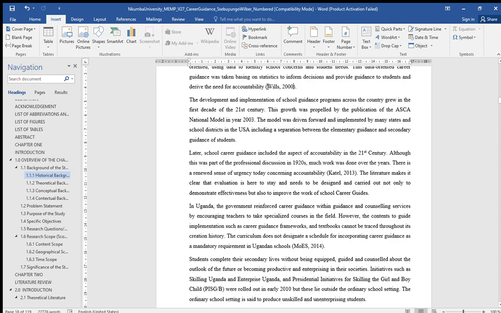So in a citation, when we are talking about literature review, one day I'm going to prepare a lecture where we shall talk about chapter 2, literature review, and see how we make sure that we cite properly and what we cite in our text actually corresponds with what should be in the references.